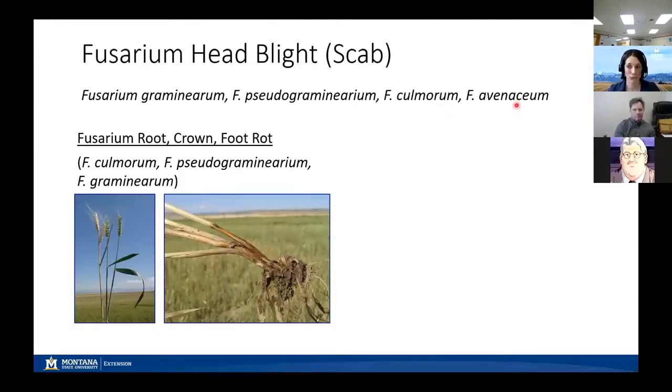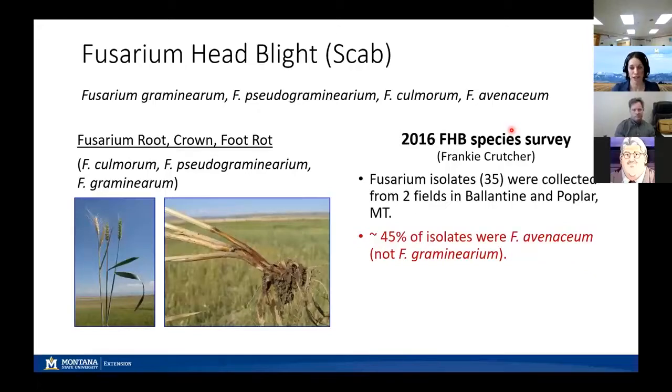And then there is a fourth one, which is Fusarium avenaceum, which is also a prevalent pathogen that causes this head blight. In fact, a survey looking at which Fusarium species are causing Fusarium head blight in Montana extracted 35 different isolates that were then later identified, and the location for this was in northeast Montana.